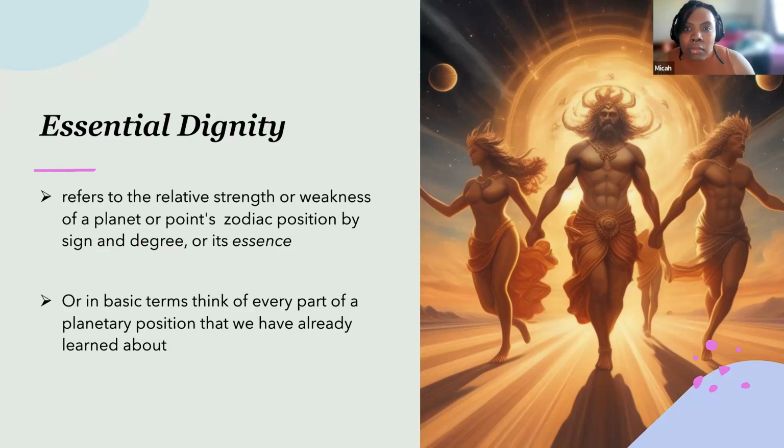So if somebody had Venus in Virgo, that description is going to be what an essential dignity is, an essential part of that planetary position.